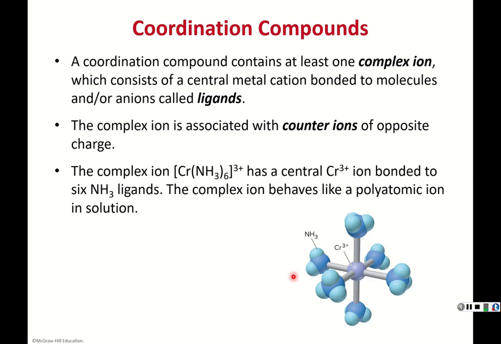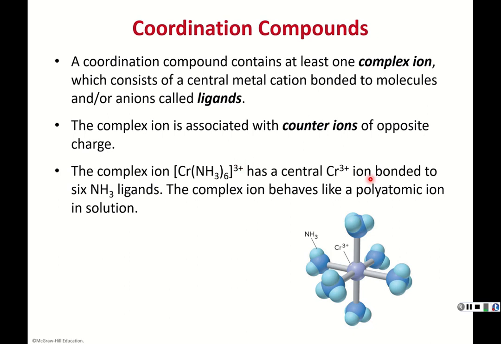So this has to be associated, at least in a dry powder form, with 3 negative charges to make it neutral. That's what's shown here. If we write this out, chromium with 6 ammonia coordinating it, we draw brackets around it, and we denote the overall total charge on it.